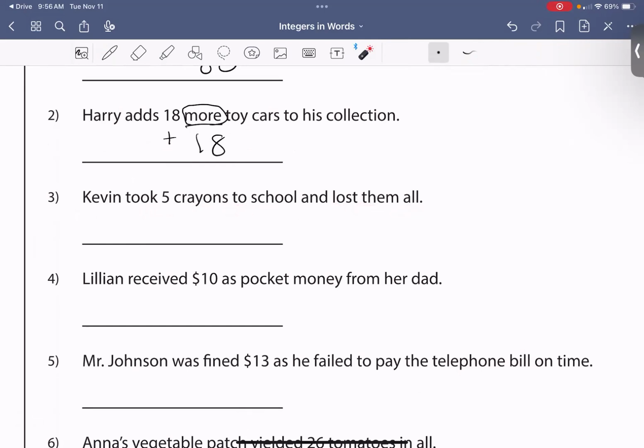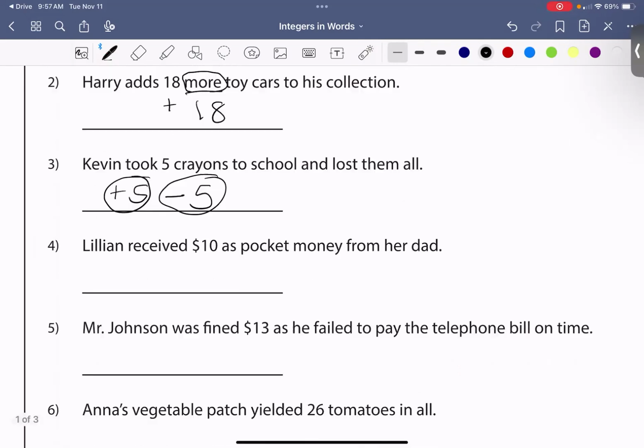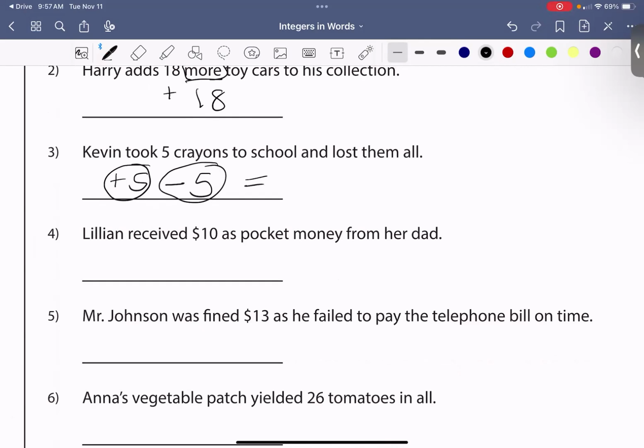So he had 5, took them from home, and then he lost 5. So this is telling us first it's +5, then it's -5. So the total would be 0.